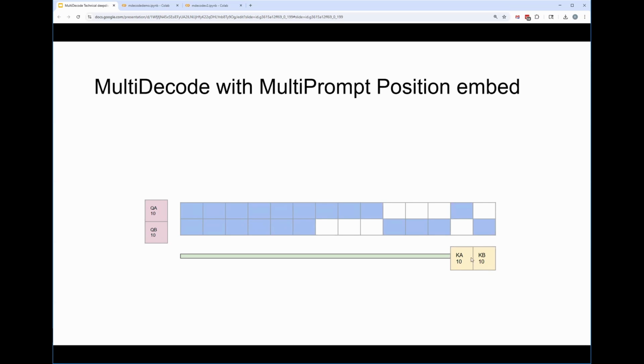In this case, I'm assuming that both prompts happen to be the same length, and that our queries are following, that the prompts are expected to come after the context.